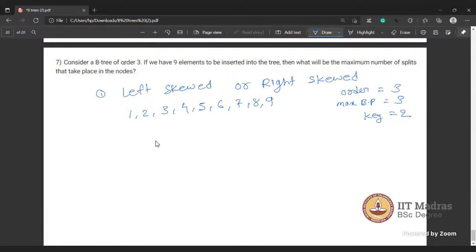Let's insert 1. Let's insert 2. Now let's insert 3. When you insert 3, the maximum keys will be exceeded, so we have to split from the middle: 2, then 1 and 3.